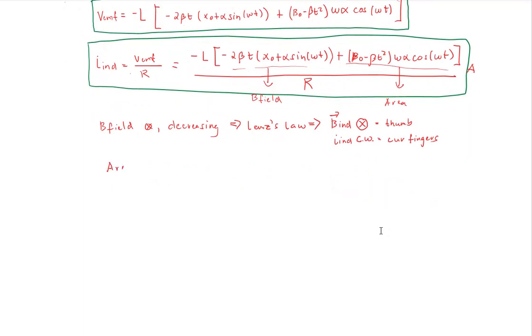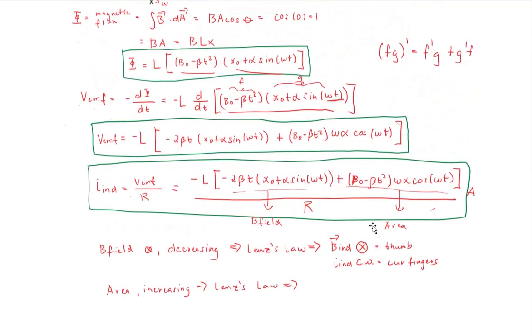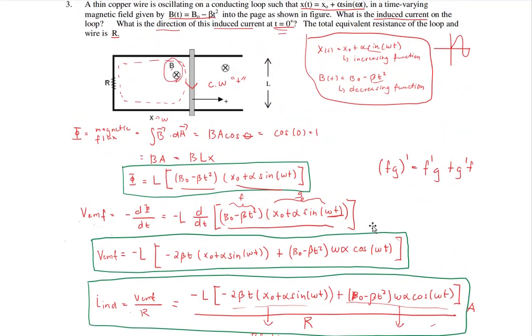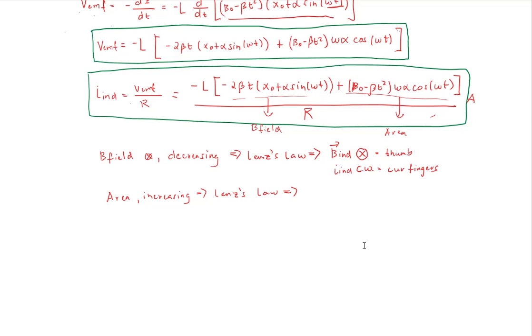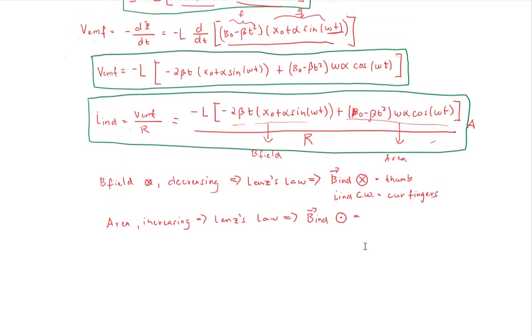Now for the area increasing, remember from this term, again by Lenz's law, area increasing allows more B field into the loop, so the system will counteract that and induce a B field, B induced, that is coming out of the page to oppose the change in flux.